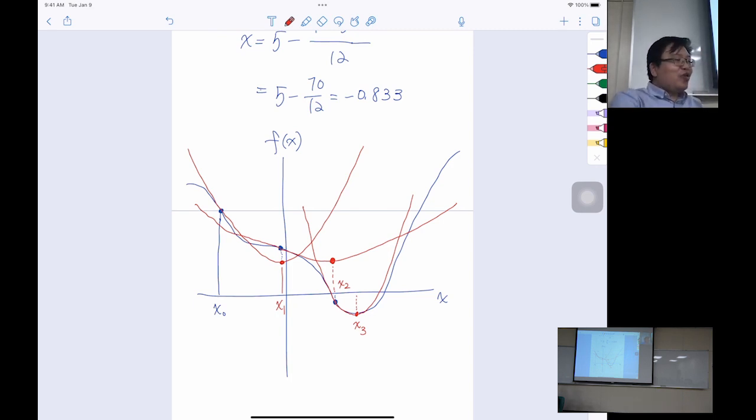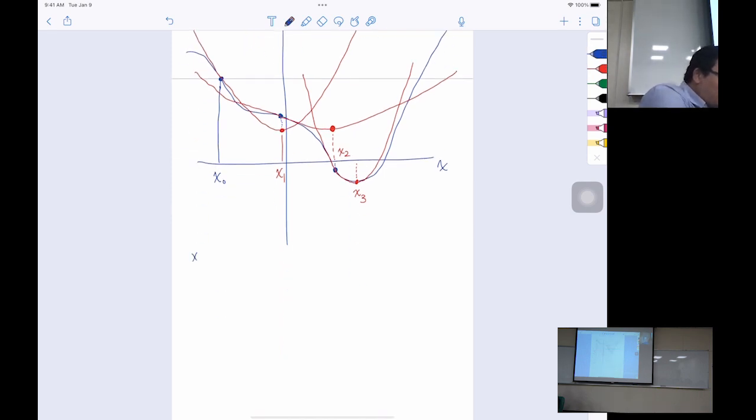But how can we do this in a more systematic way? Usually for optimization, we call the following the solution process, or optimization process.